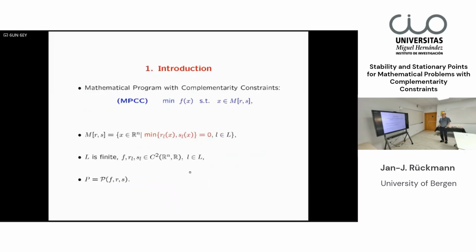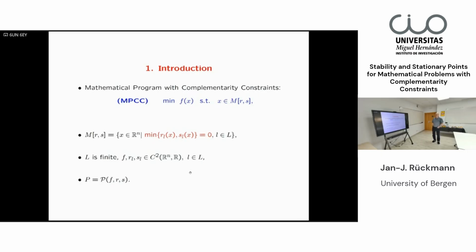Let us define what we are talking about. We consider the class of mathematical problems with complementarity constraints, so everybody is familiar with this stuff, I guess. The point is here in red. This is a difference to the standard problem, and we have this structure of a minimization of pairs of constraints here, finitely many.